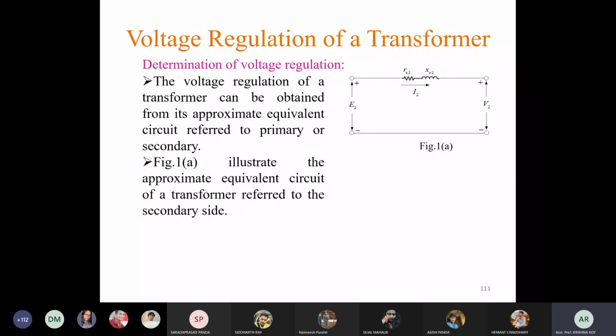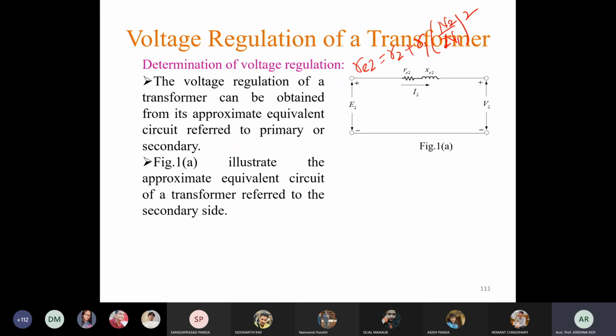So here RE2, what is this RE2? RE2 is equal to R2 plus R1 into (N2 by N1) whole square. R2 is the secondary side resistance, R1 is the primary side resistance. If you multiply it by the turns ratio square, then you will get the referred quantity.